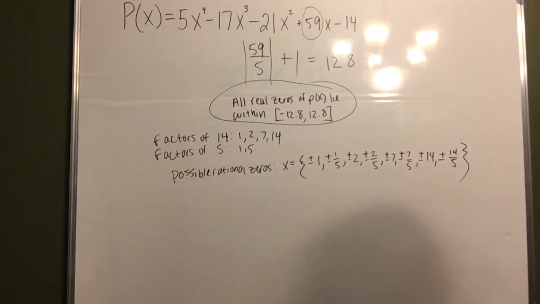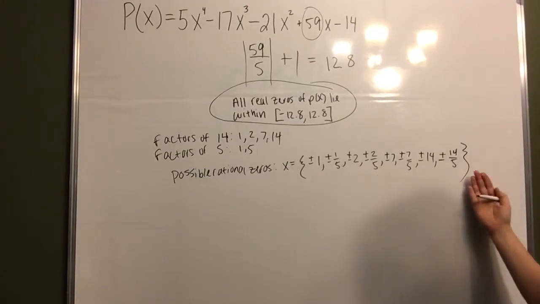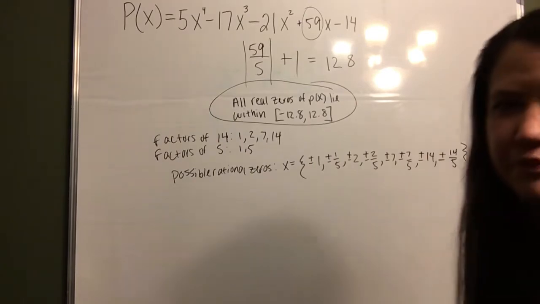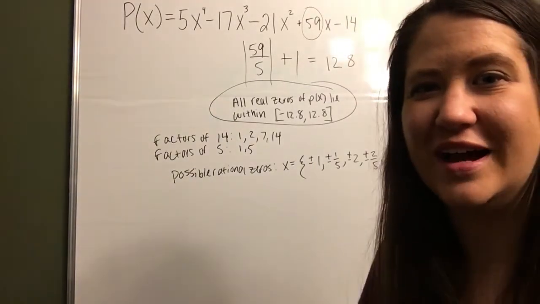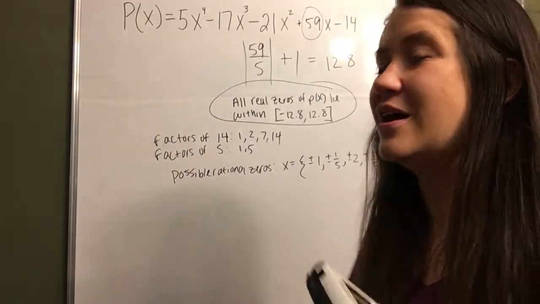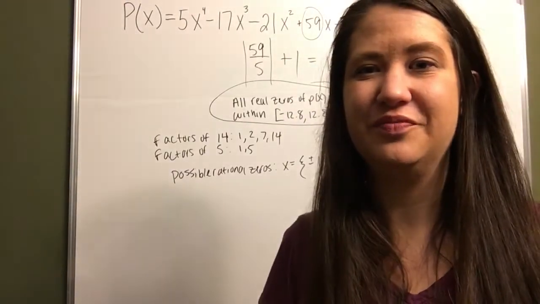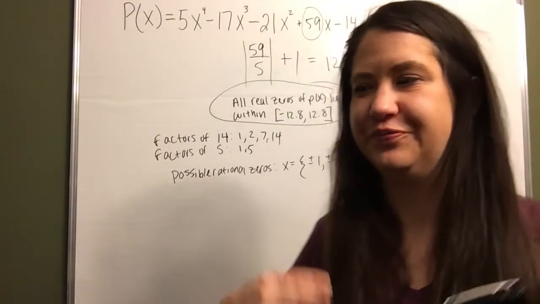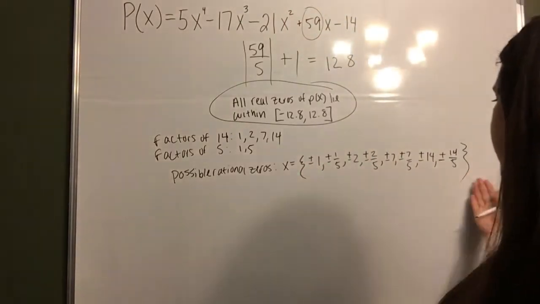And there we go. So there's all the possible rational zeros that you see listed here. And at that point, we have to pick which of these will actually work, right? And if you didn't have a calculator, you would actually have to sit here and use synthetic division maybe with all of these.